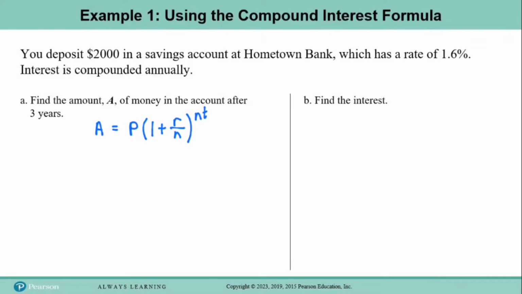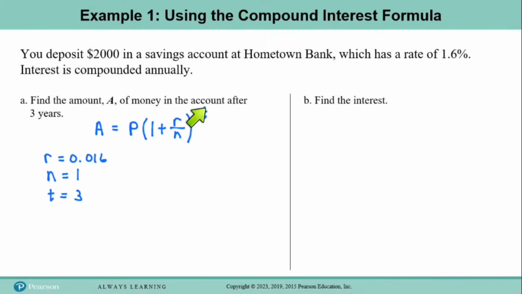If the interest rate is 1.6%, then when we move the decimal back 2 places to remove the percent symbol, our R is 0.016. If they compound the interest annually, then they compound once a year, and so N is 1. And they said to find the amount after 3 years, so T is 3.